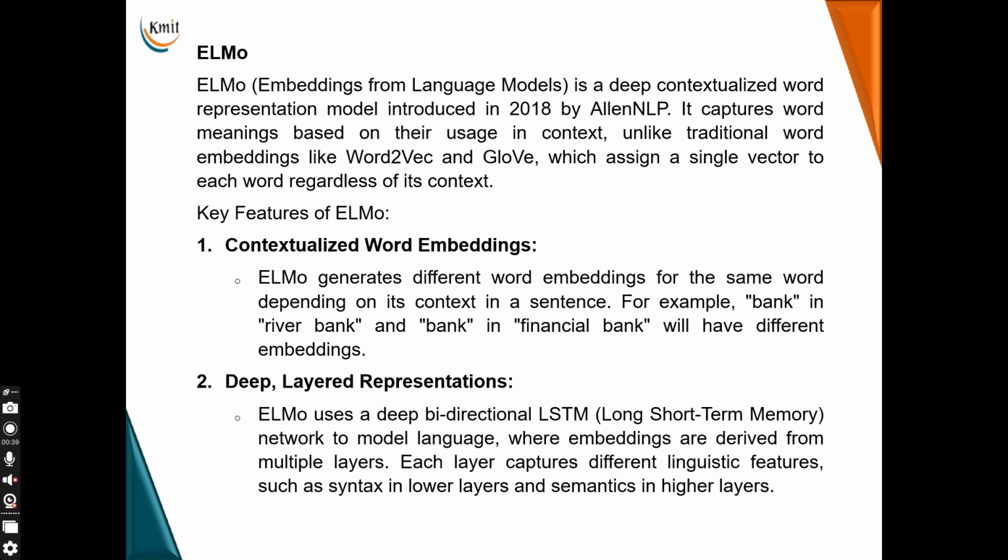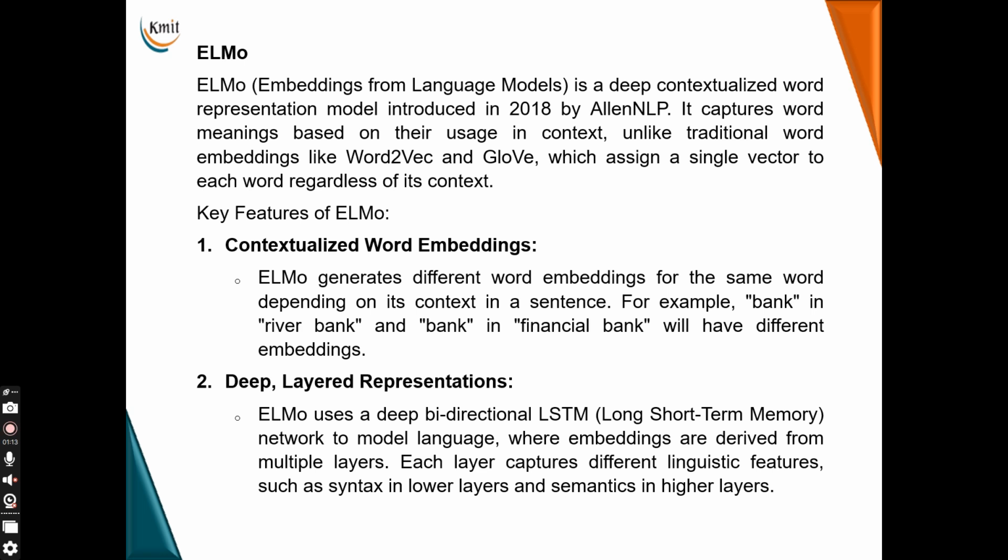So ELMO stands for Embeddings from Language Models, which is a deep contextualized word representation model which was introduced in 2018. What it does is it captures the meanings of various words and how they are used in various contexts.